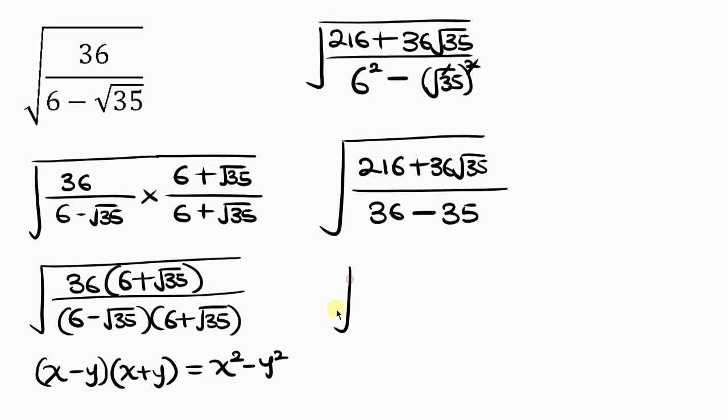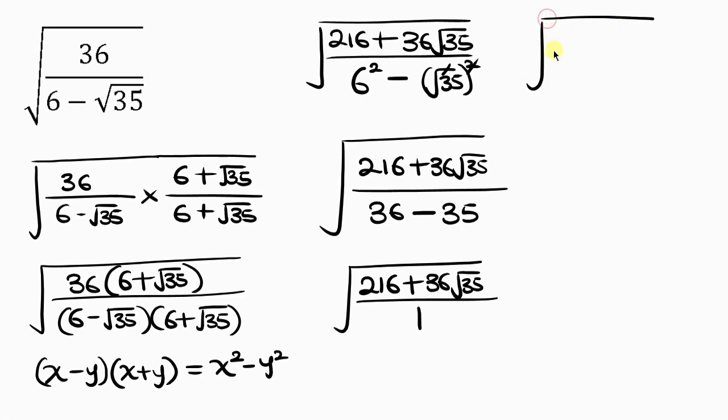So this results to 216 plus 36 root 35 all over. Now 36 minus 35 is 1. And 216 plus 36 root 35 divided by 1 gives 216 plus 36 root 35.